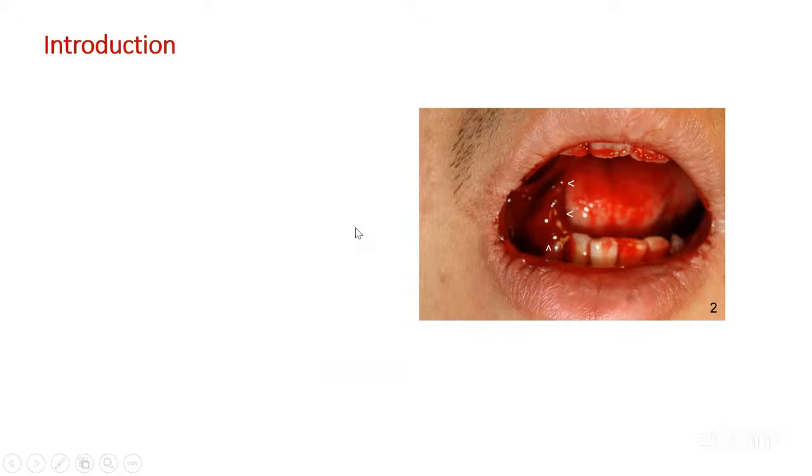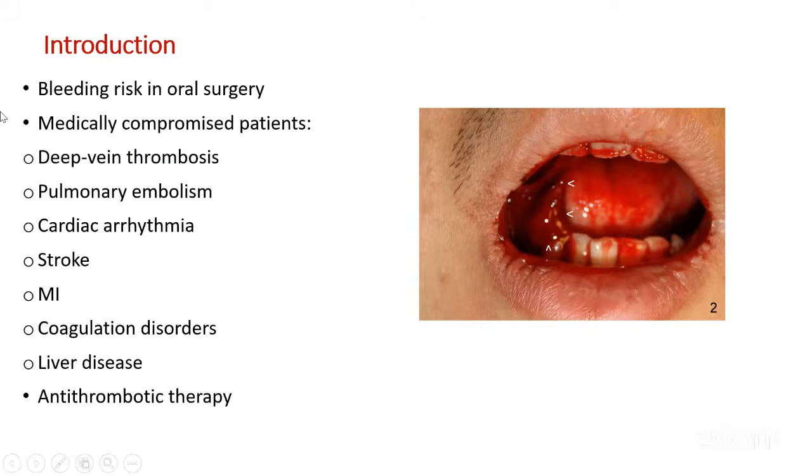But there is a certain group of patients who might have a higher risk of bleeding after tooth extraction, and these are medically compromised patients. Basically, it includes patients who have deep vein thrombosis, patients with a high risk of pulmonary embolism, cardiac arrhythmias, stroke, myocardial infarction, those with coagulation disorders such as hemophilia, and patients with liver disease or liver cirrhosis.